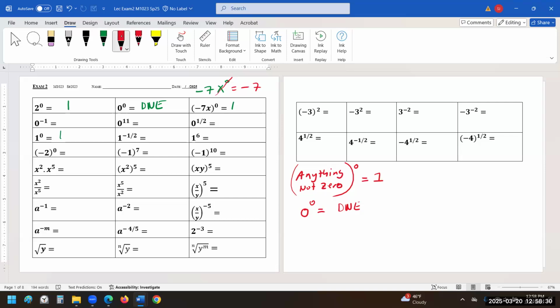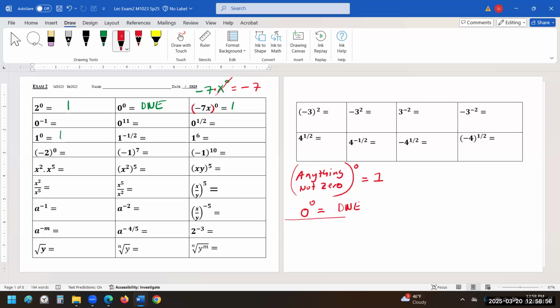The difference between that, the green one, and what we have here is that here we have a parenthesis, which means whatever we have inside the parenthesis is on the base. But the negative 7 on top is negative 7 times x to the 0. So be very careful. What is your base and what is not on your base?